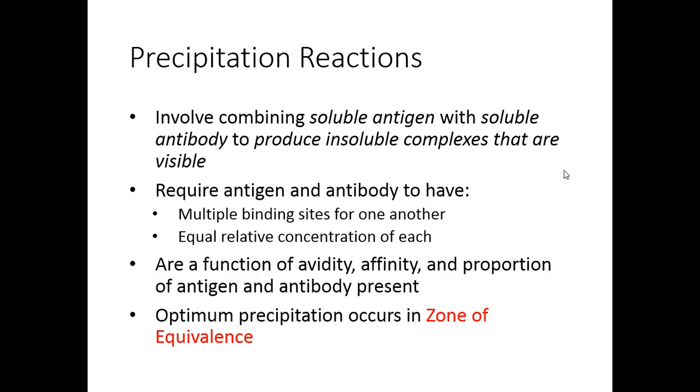Let's move ahead now to looking at precipitation reactions in the laboratory. So we saw how the lattice formation resulting from antigen and antibody binding takes place, and how precipitation reactions were when you had a soluble antibody and a soluble antigen producing those insoluble complexes that are then visible in laboratory testing.